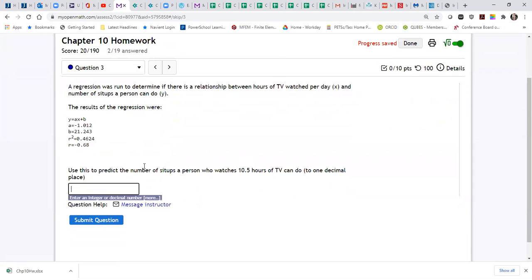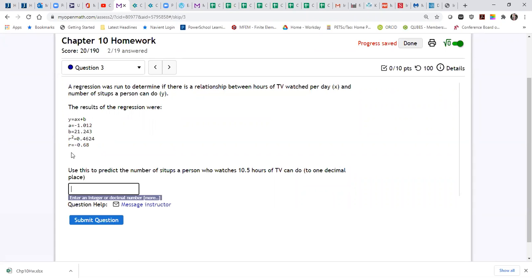Okay, for number 3, we know the regression. You need to find the regression to determine if there is a relationship between hours of TV watched per day and the number of sit-ups a person can do, right?